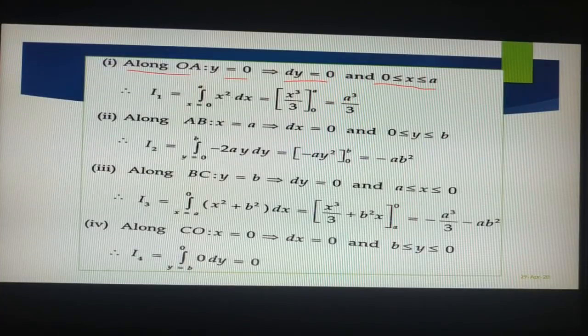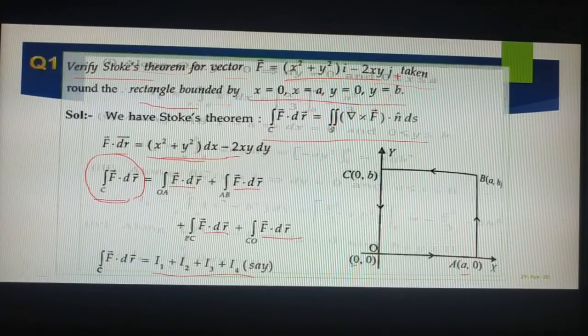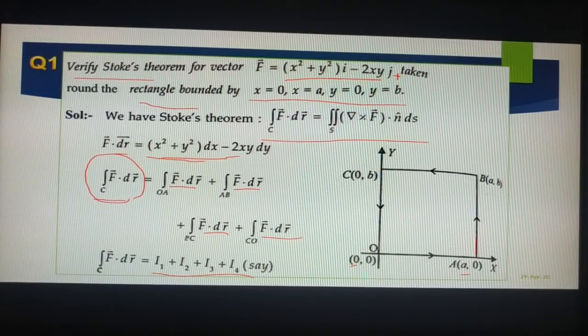Remaining, in place of y if we substitute 0, and dy 0, then we will get this. So integral x square dx, after substituting the limits, is a cube by 3. So if I consider this line, what is changing here?